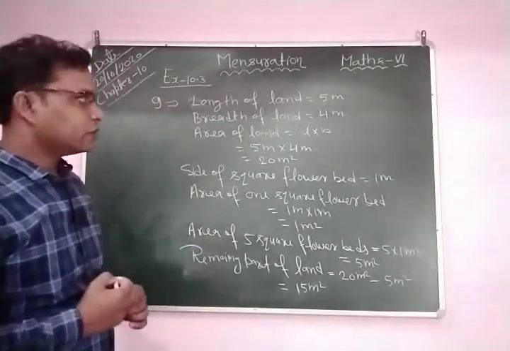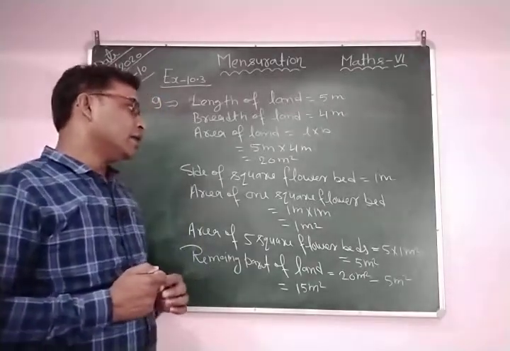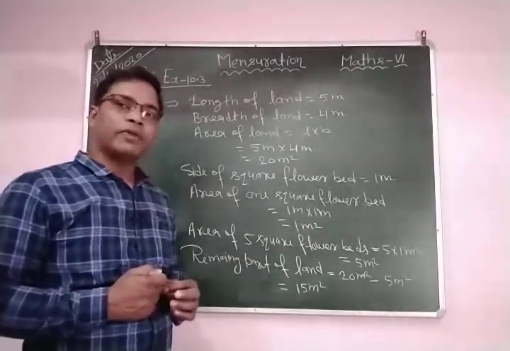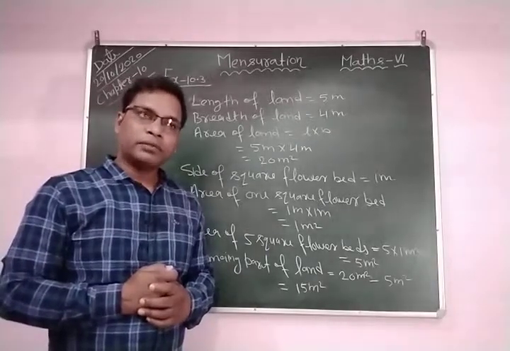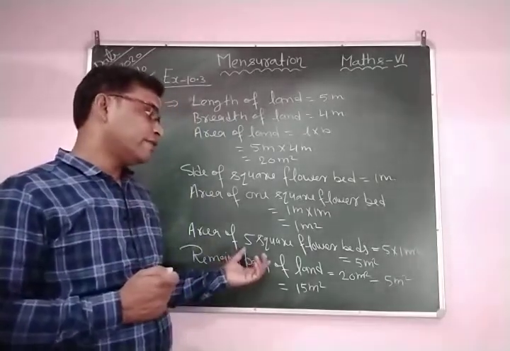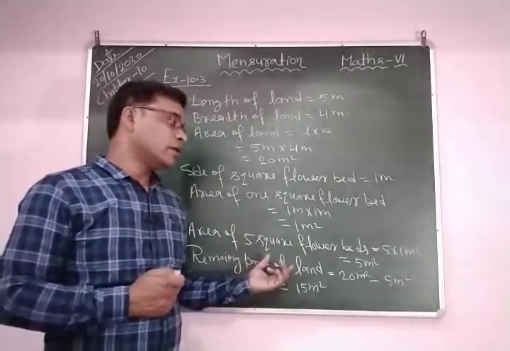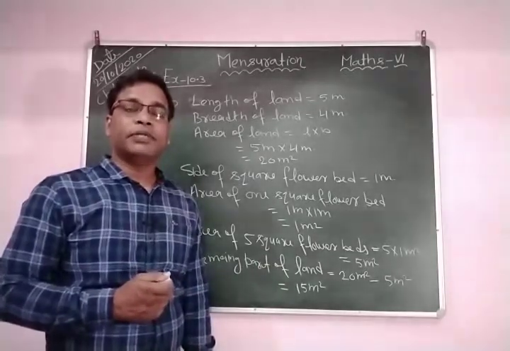Okay, students, I hope all of you understood. In this question, first we find the area of land. This is 20 meter square. After this, you find the area of square flower bed. This is 1 meter square, but we have 5 square flower beds, so this is equal to 5 meter square, and we need to find the area of the remaining part of land.